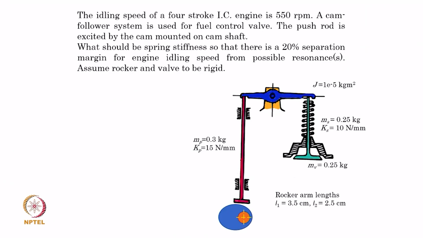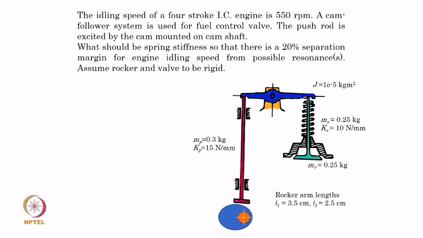Okay, so the next example, wherein we will again implement the energy method to obtain the governing equation of motion and expression for natural frequency, is the example here for a rocker arm tappet valve mechanism.